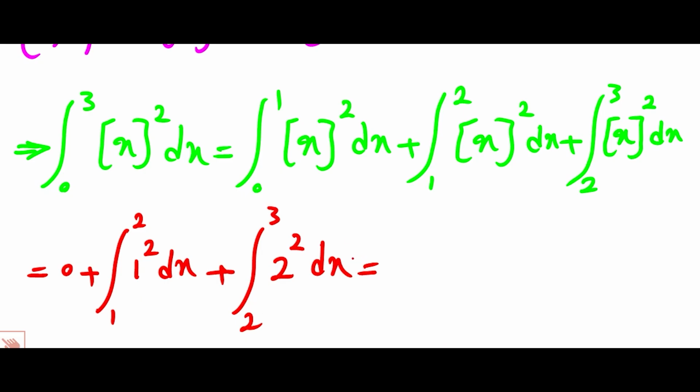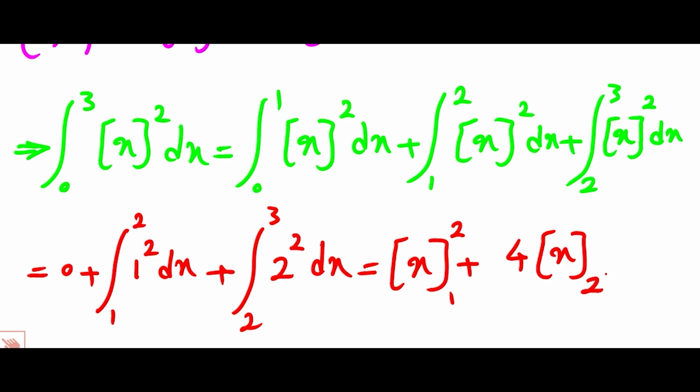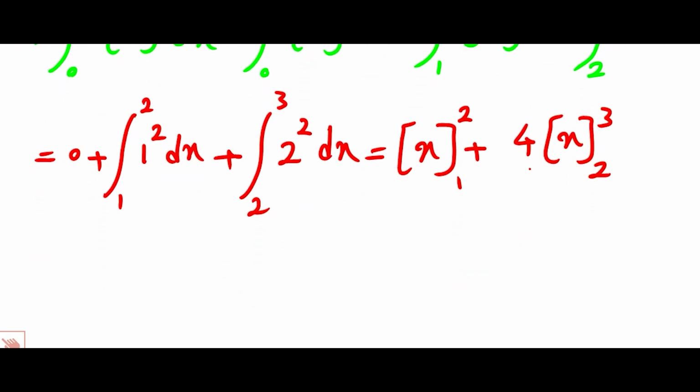So we have 1 squared is 1, so the integral of 1 dx is x from 1 to 2, plus the integral of 4 dx is 4x from 2 to 3. So the answer is 2 minus 1, which is 1, plus 4 times (3 minus 2), which is 4. So we have 5.